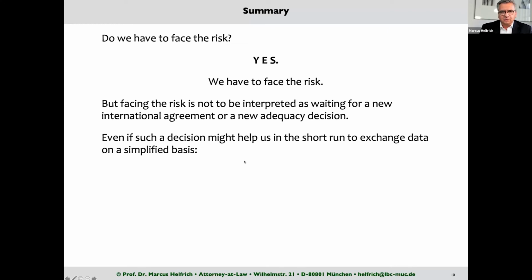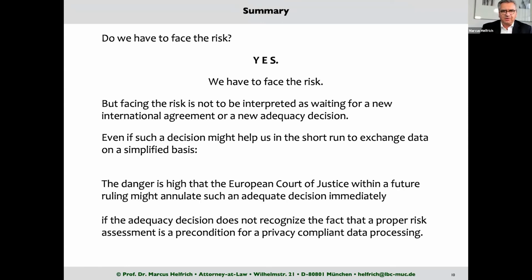Because even if such an adequacy decision, complicated words this afternoon, might help us, in short, to run our data flow on a simplified basis, the danger is quite high that the European Court of Justice, within a future ruling, call it Schrems 3 or whatever, might annul such an adequacy decision immediately if it does not recognize that a proper risk assessment is a precondition for privacy compliant data processing.